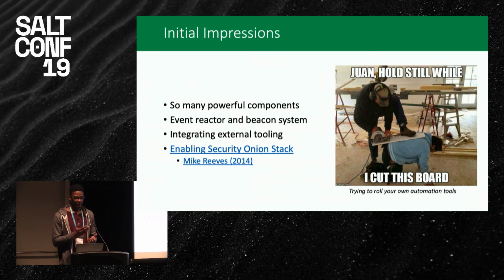So some of the initial impressions that I had of SaltStack is it has very many powerful components. And so how I'm utilizing the event reactor in the beacon system is the event reactor is reacting to beacons that I'm sending from the controller, and so from the controller I'm able to pull how many packets are coming in, where packets are coming from, the flows of packets.